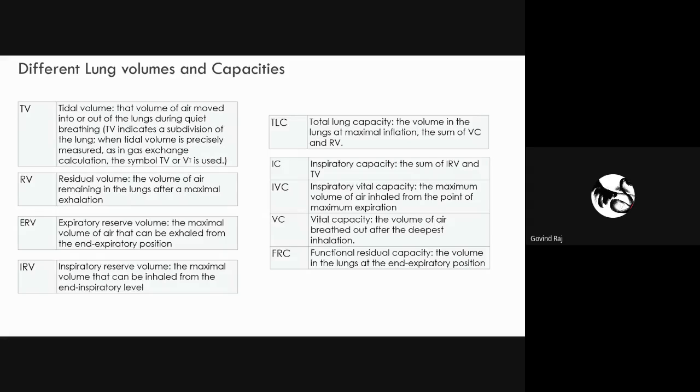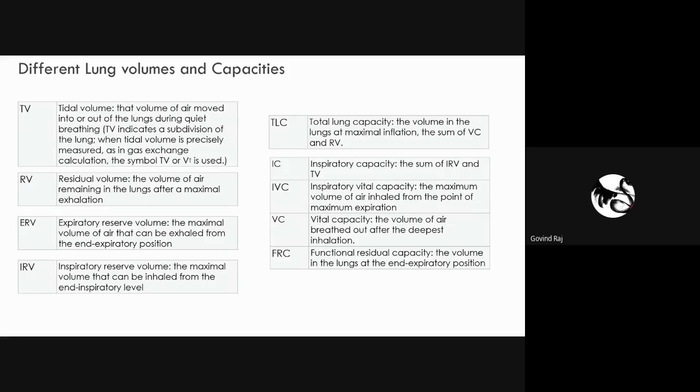That is what the VC or vital capacity means. So that amount of air gives the total lung capacity. That is the total amount of air that we can store in our lungs, denoted by the total lung capacity.